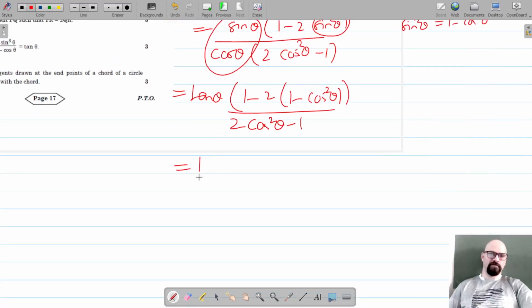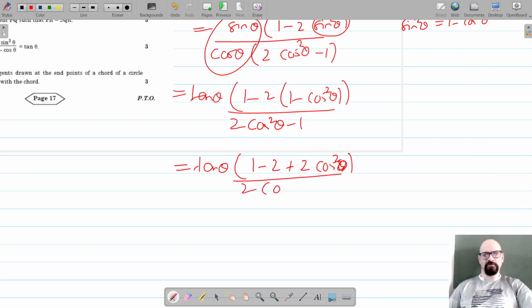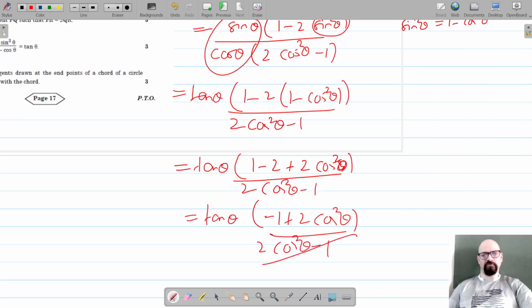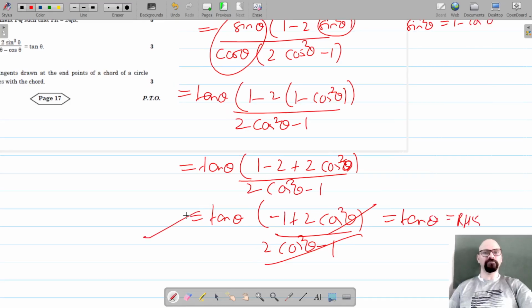Okay, so this is equal to tan theta, and 1 minus 2 plus 2 cos square theta upon 2 cos square theta minus 1. 1 minus 2 is negative 1 plus 2 cos square theta upon 2 cos square theta minus 1. This gets cancelled, which is finally equal to tan theta, and that's our RHS.